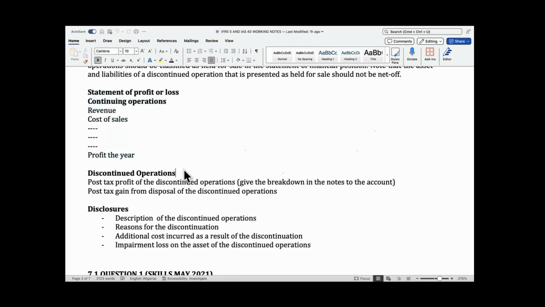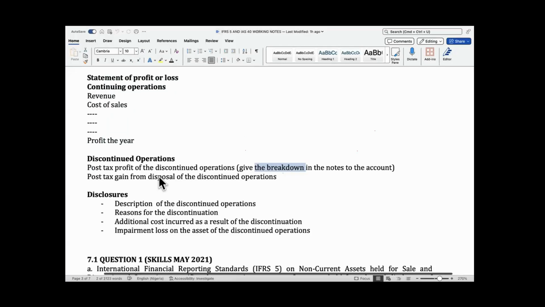Just that for the discontinued operations, you will just have a one-liner item that will show the post-tax profits of the discontinued operations. And you're going to provide the breakdown of this amount in the notes. And if there is any disposal of maybe an asset, or probably you sold that discontinued operation and you made profits from that sale, you also bring the profit here under discontinued operations.